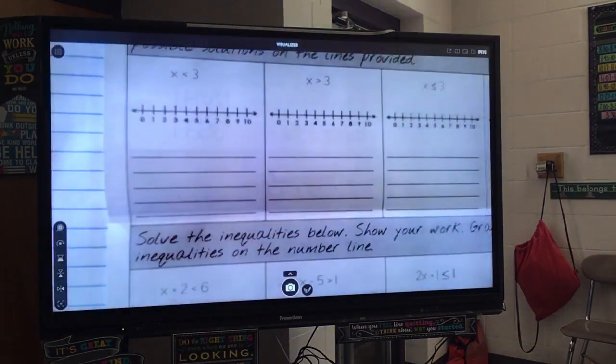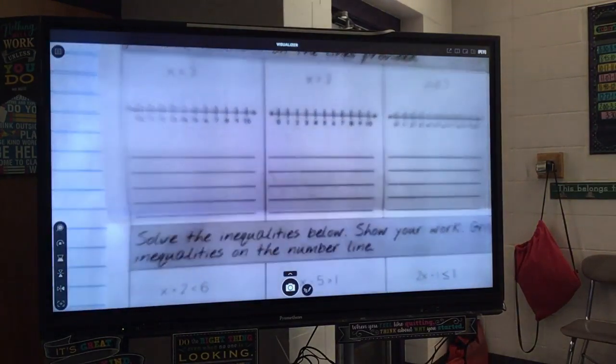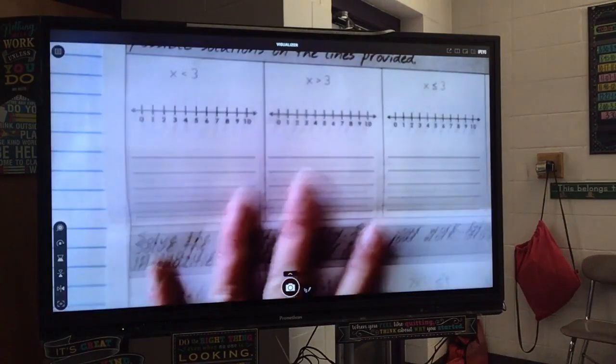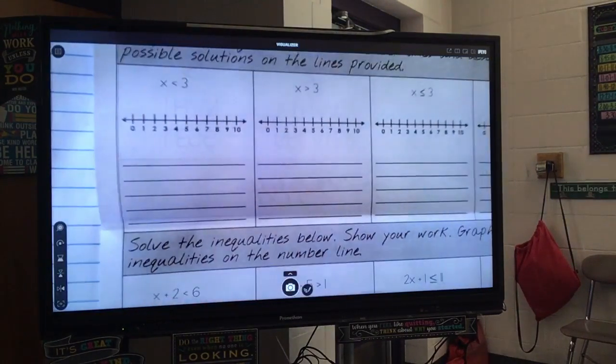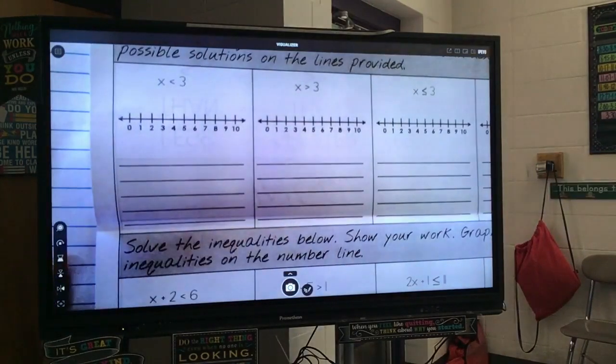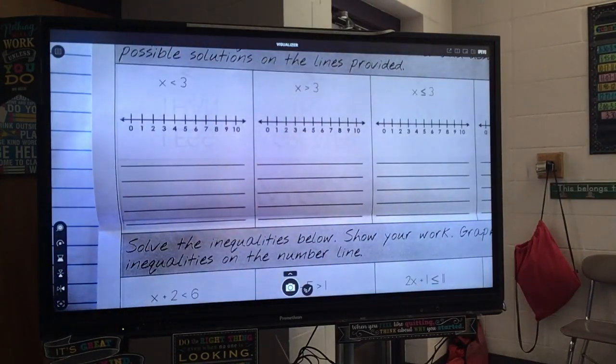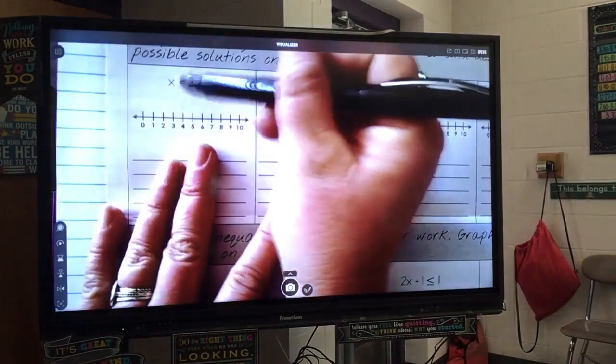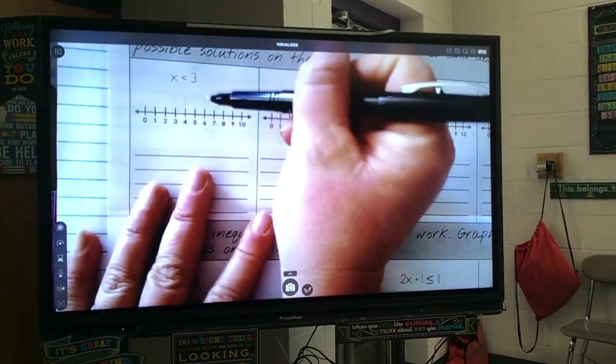Open it up to the first one. It says, graph the inequalities on the number lines and describe the solution or the possible solutions on the lines provided. Now, using your pencil, we are going to use our color, but we're going to use our pencil first. So looking at this one, it says x is less than 3.